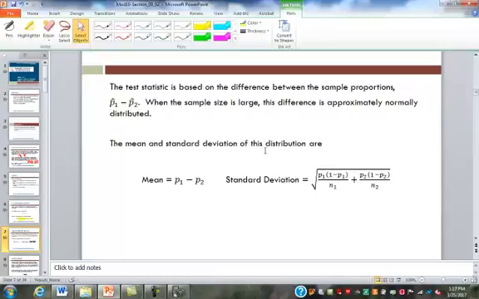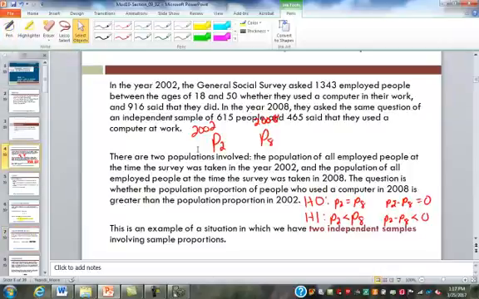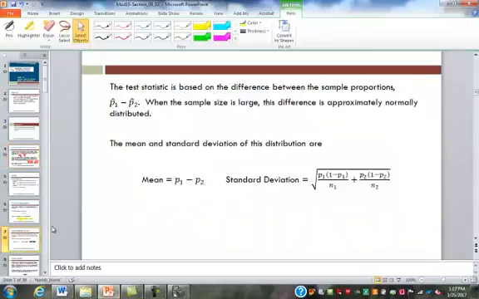Okay, our test statistic. We're going to be testing the difference between the population proportions, so you'd have to find each sample proportion. For this example, p hat 1 is going to be 916 over 1343. Notice I put the little hat over that, saying that's the sample proportion.